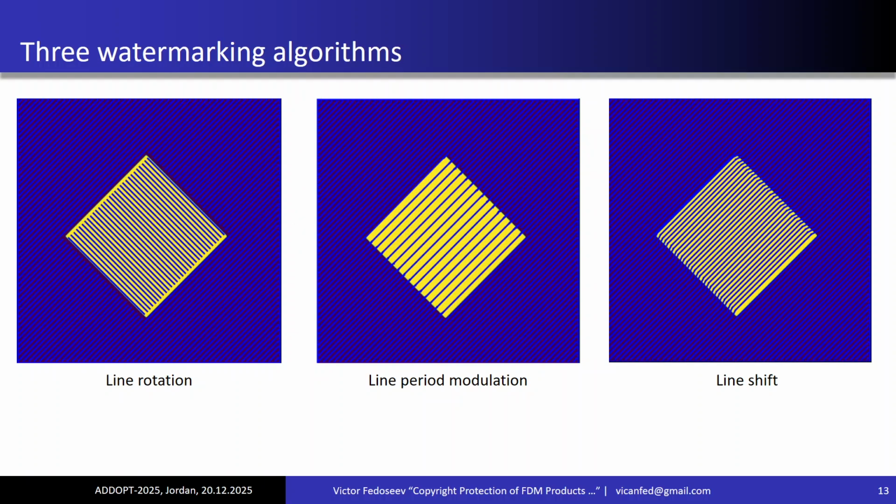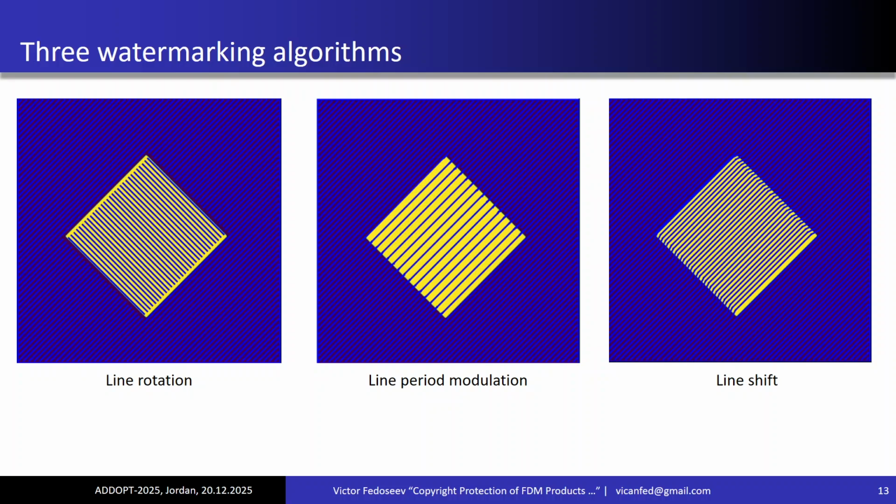So here you can see all three options visualized by blue and yellow lines and areas. In the left image you can see line rotation, in the center line period modulation, and at right line shift.